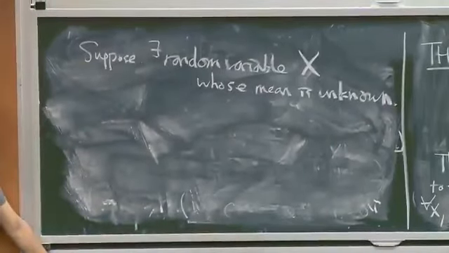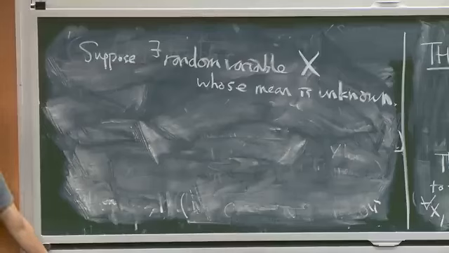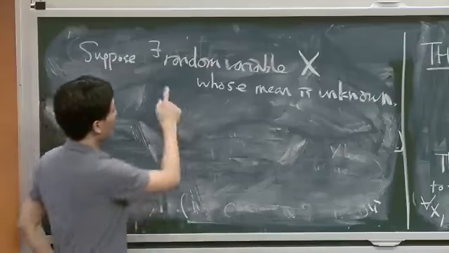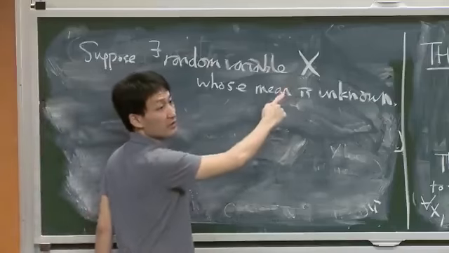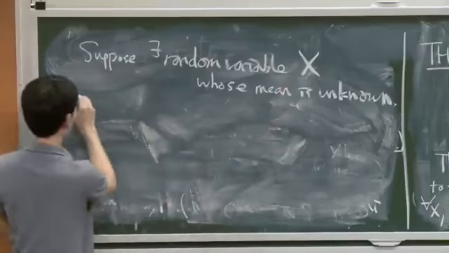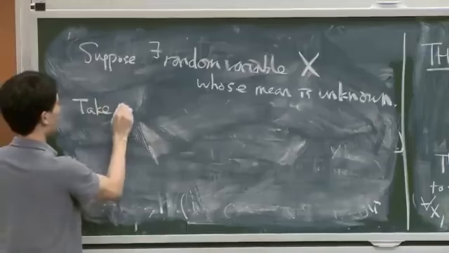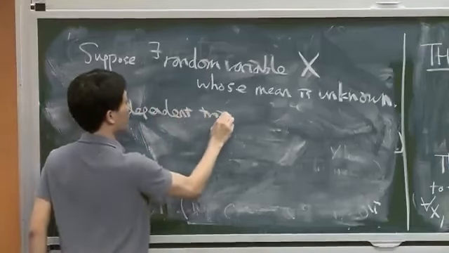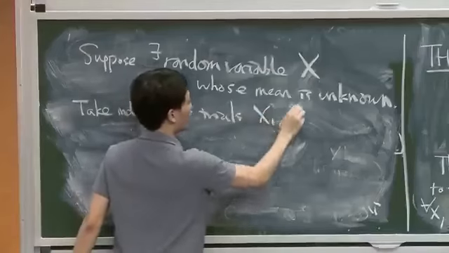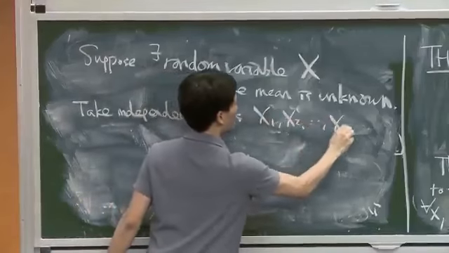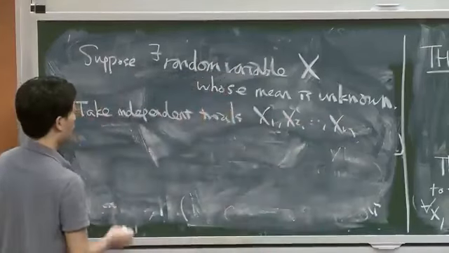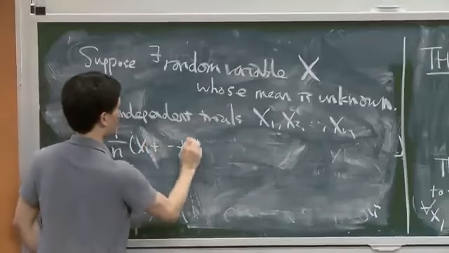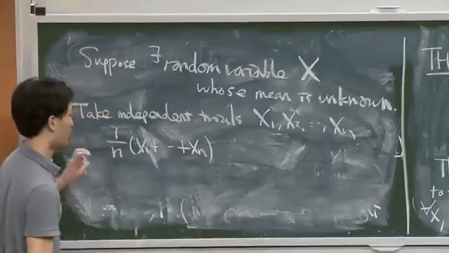Our goal is to estimate the mean. And one way to do that is by taking many independent trials of this random variable. So take independent trials X1, X2 up to Xn, and use 1 over n times (X1 plus ... plus Xn) as our estimator.